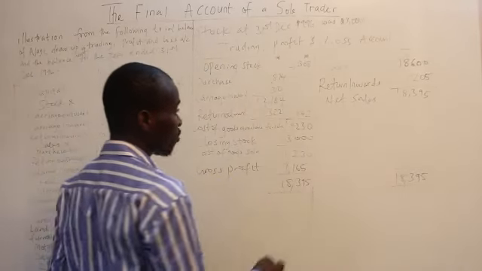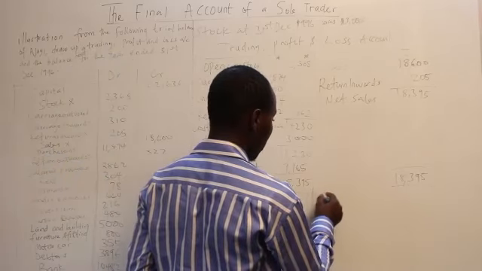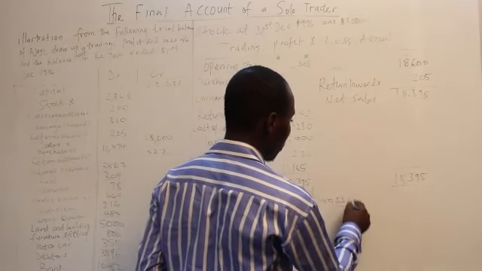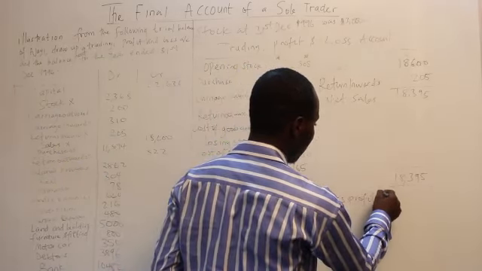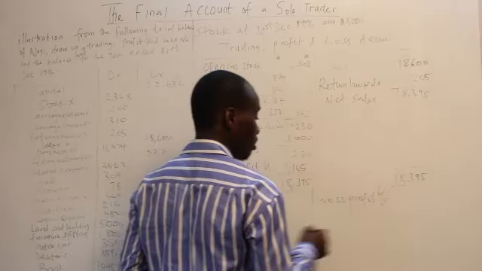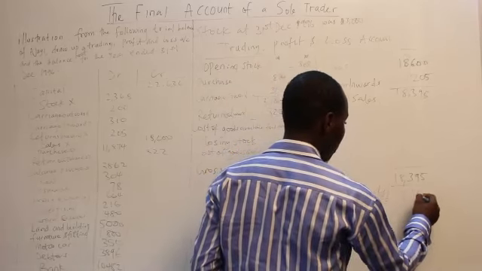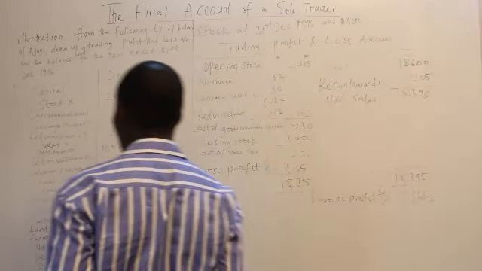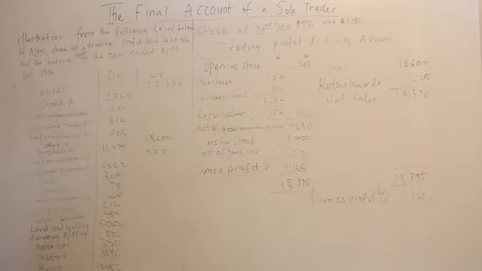The next thing, we can move to the profit and loss account. So this column we can have it together. Gross profit brought down, it's a continuation, carried down. That becomes 7,165. Now we have to identify our expenses within the period.